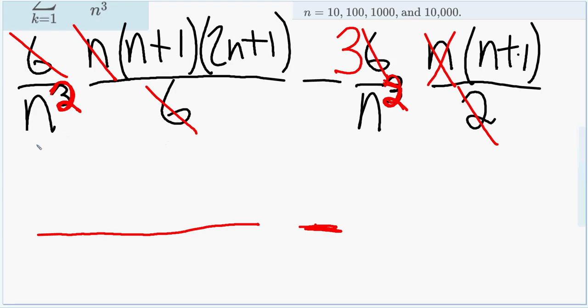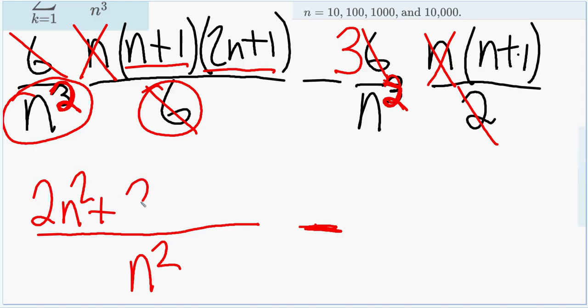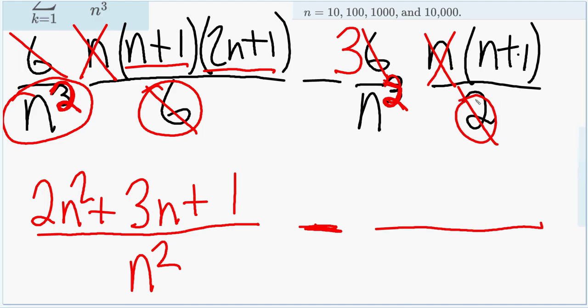And on the left, we've got an n squared as our denominator. This canceled down to a 1. So this is n squared. And if I FOIL out the n plus 1 and the 2n plus 1, I get 2n squared plus 3n plus 1. And then after the minus sign here, our denominator again, we had this 2 cancel down to a 1.